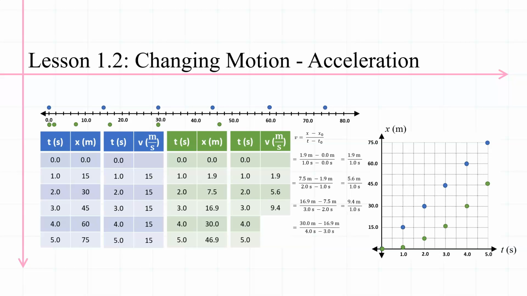Same thing for between 16.9 meters and 30 meters between 3 and 4 seconds. That gives me a velocity of 13.1 meters per second. And between the last set of points, I moved from 30 meters to 46.9 meters in 1 second. That's 16.9 meters per second.